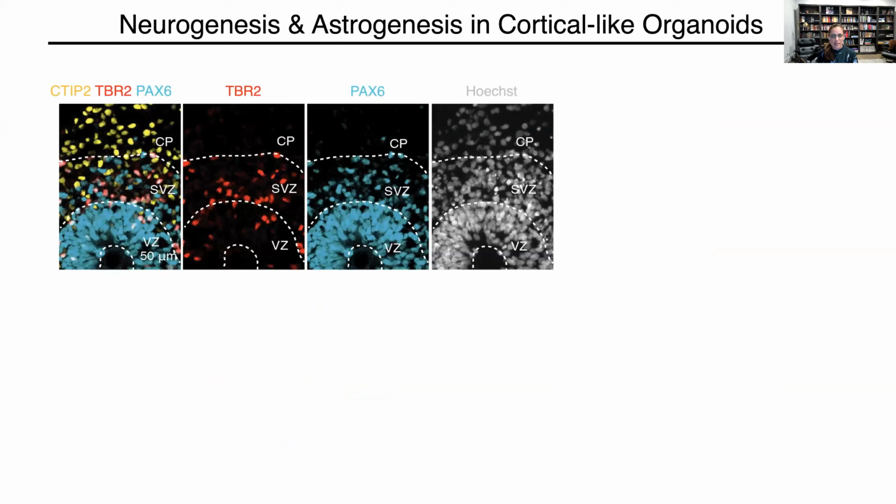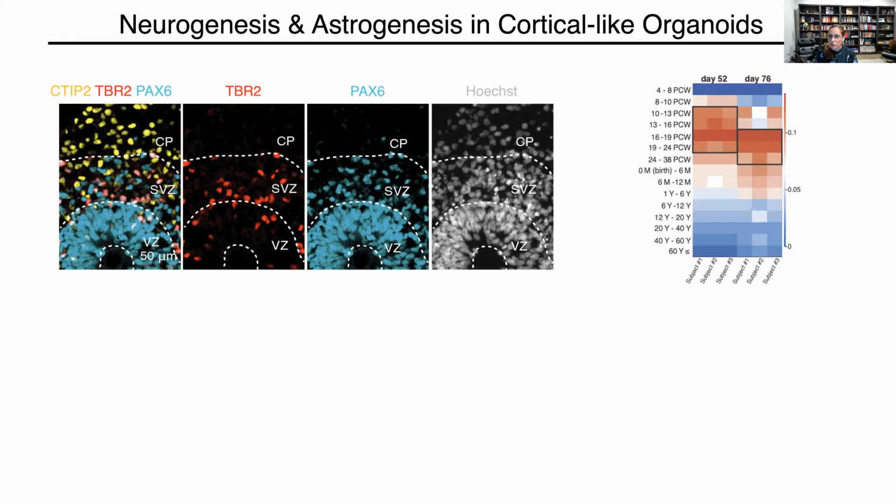And when we look inside, we see that they form these organized regions where, looking with specific markers, we can say that this is a ventricle-like area, this is the ventricular zone, this is the subventricular zone with those cells that we see highly expanded in the human brain, and then most superficially is the cerebral cortex with the neurons.